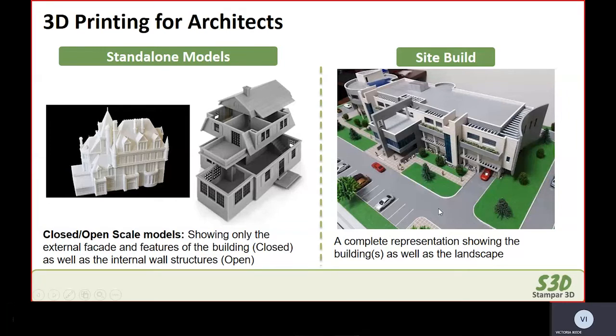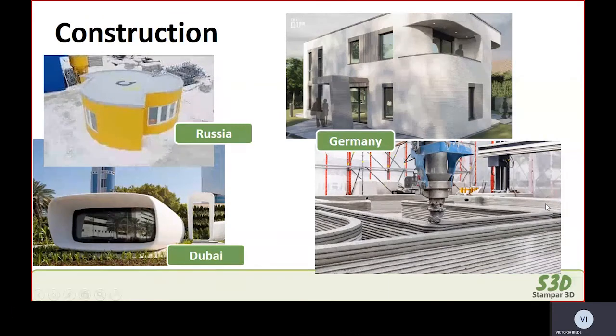So sometimes 3D printing may not be the ideal way of making the building, especially for site builds like this. Another application in the construction industry is industrial 3D printers where the raw material is cement. You have these big 3D printers mounted on cranes actually building houses.